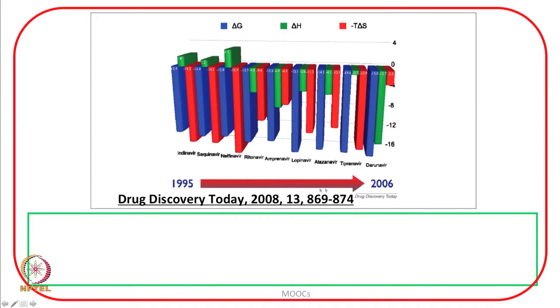Over a period of about 10 to 11 years, this data gives some interesting information. The green bars represent enthalpy change, upwards we consider positive and downwards negative. Delta G naught is represented by the blue bars and minus T delta S is represented by the red bars.